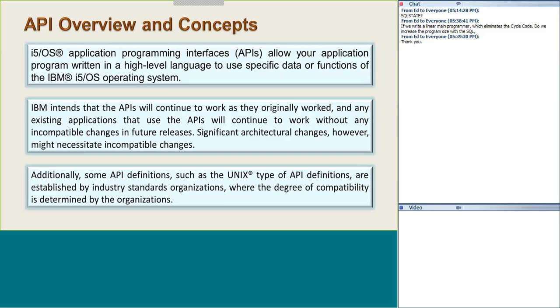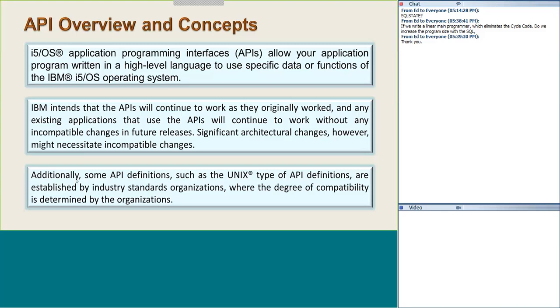However, the guarantee up here, the second block in this, that IBM issues, only applies to IBM i type APIs. They cannot guarantee the Unix or the C-based APIs will not suddenly change based on an industry standard that they have no control over.